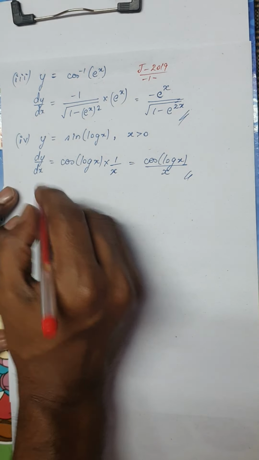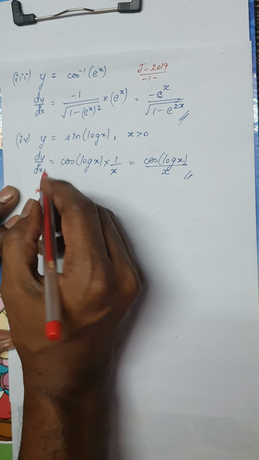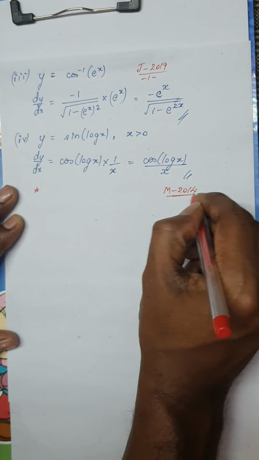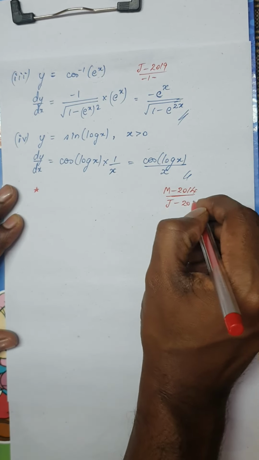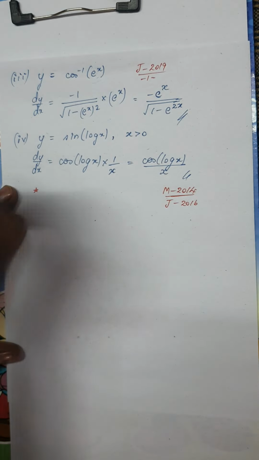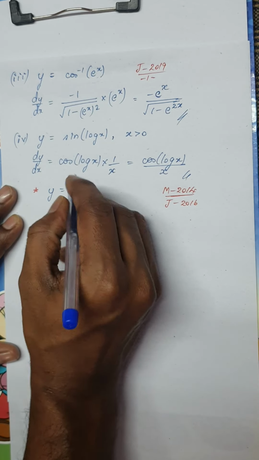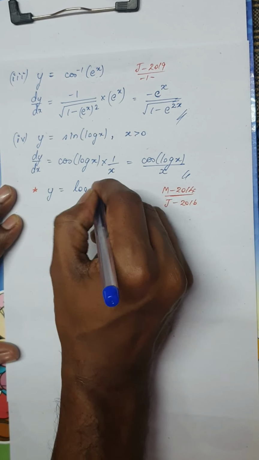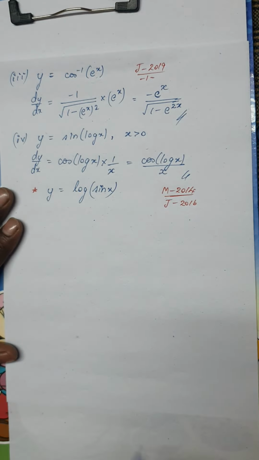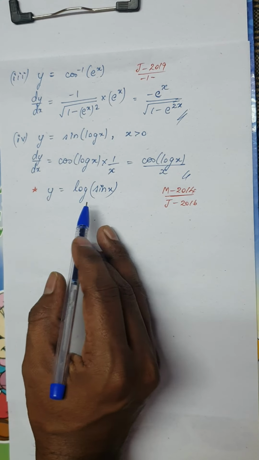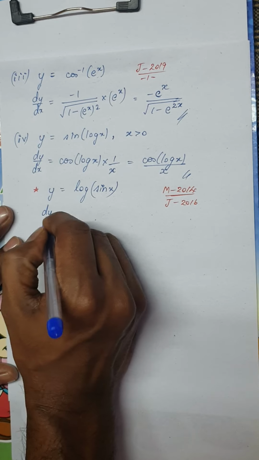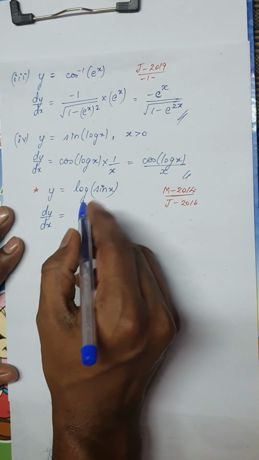But in March 2014 and July 2016, he asked this question: y is equal to log of sin x. Instead of sine of log x, which was in the exercise as a worked example, he asked log of sin x. So remember, dy by dx is nothing but, what is the derivative of log?